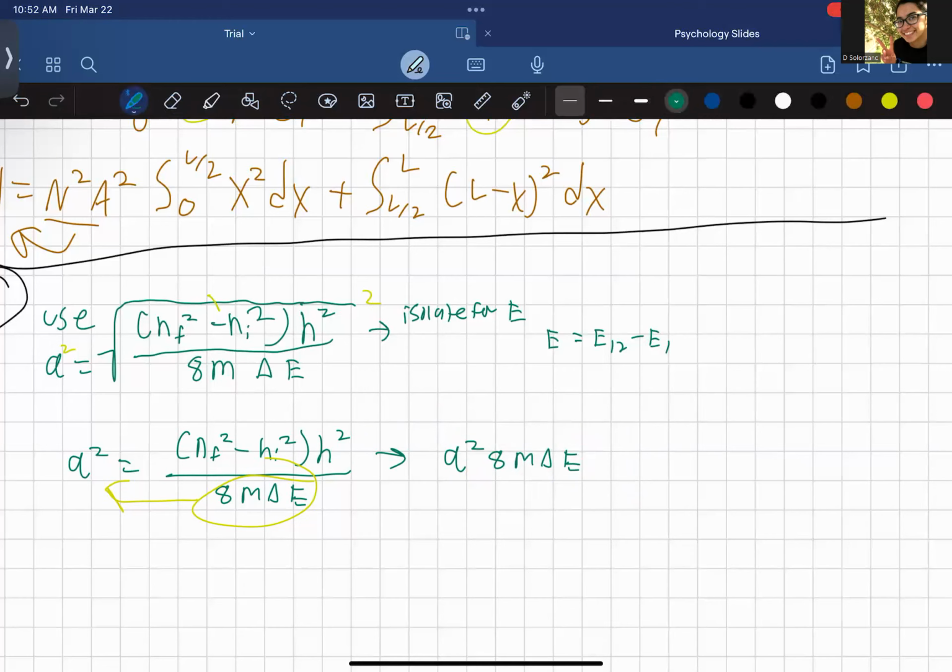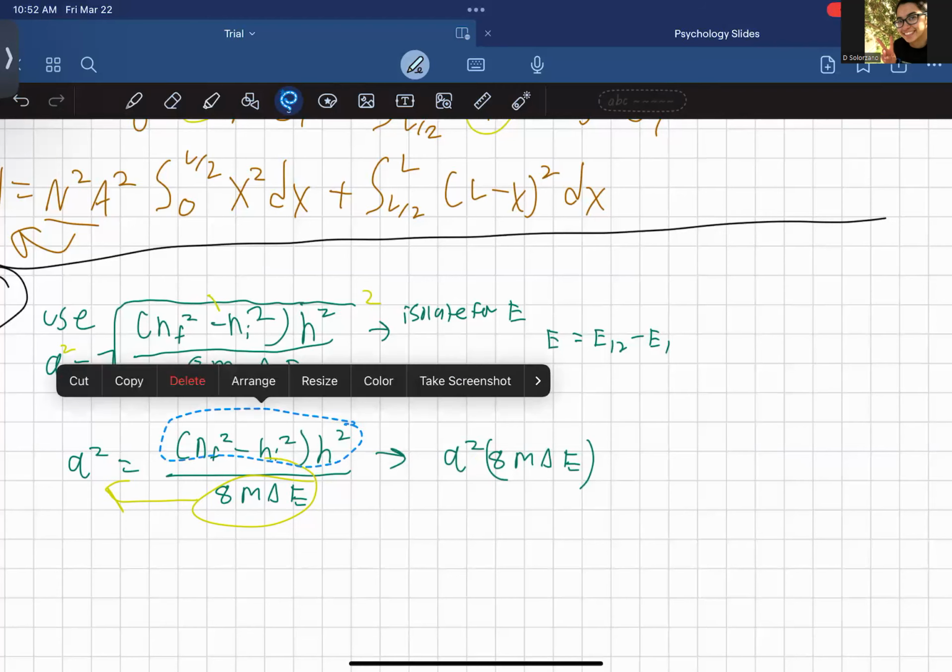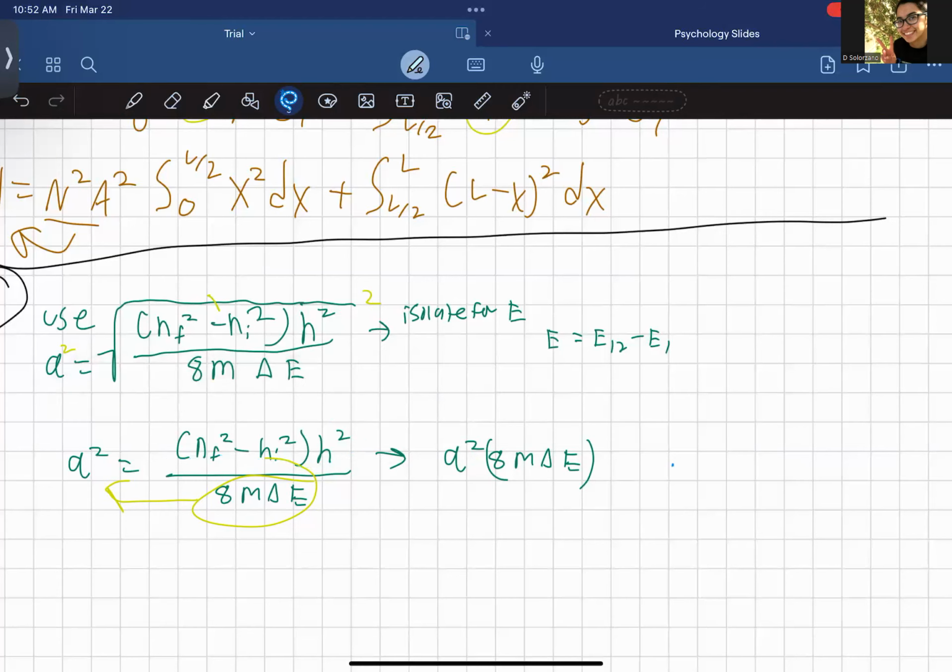I need parentheses. Equal to our numerator.